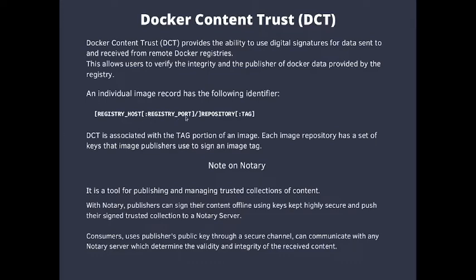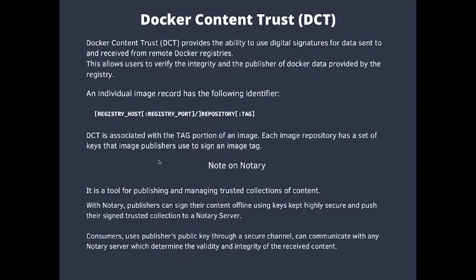If the registry is self-hosted and we have a different port, only then do we specify that. Otherwise, if it is on port 80, we don't need to specify that. And we have a slash and then repository and tag. So DCT is associated with the tag portion, so it will sign that tag only.